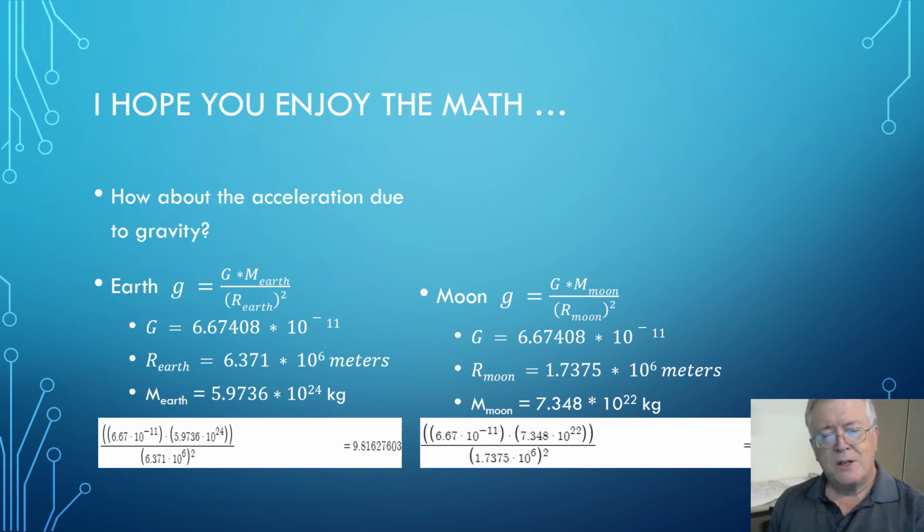The mass of the moon, 7.348 times 10 to the 22nd kilograms. And so I enter those into my calculator and I get 1.623. Those are, to me, very interesting numbers.